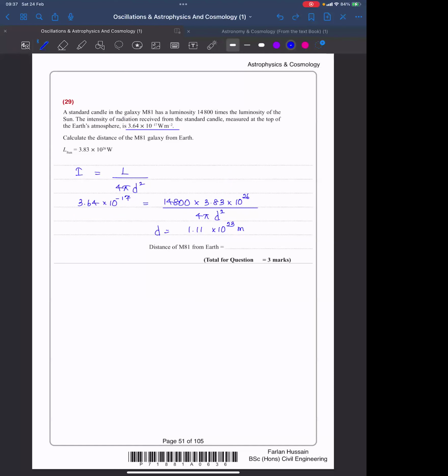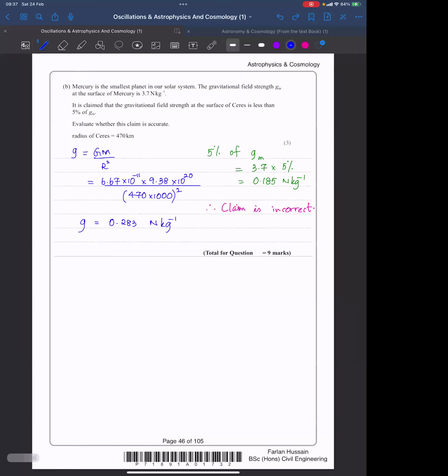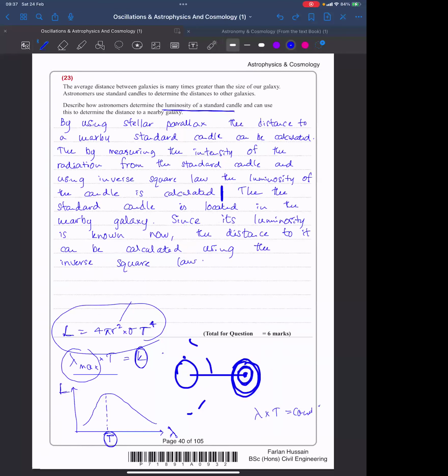So go back to that answer. Maybe you can add another small part, say the standard candle is located in the nearby galaxy. Since its luminosity is known now, the distance to it can be calculated using inverse square law.